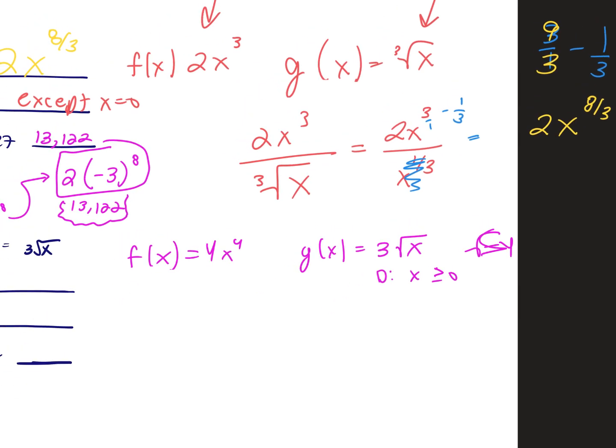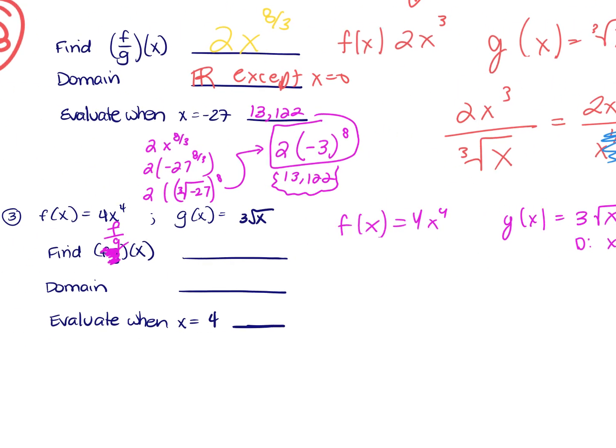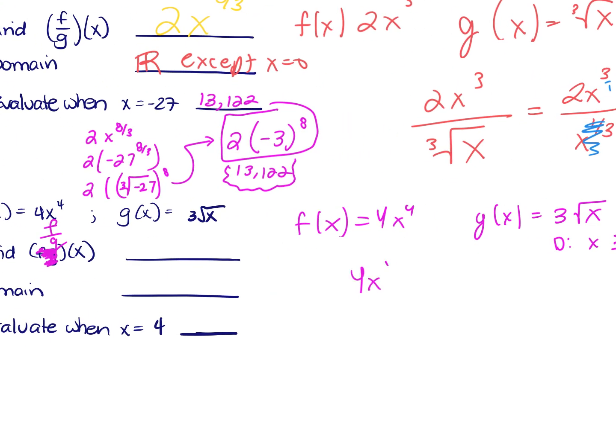Now let's think about that. We know there's a domain restriction. What are they asking us to do here? To divide. So I have 4x to the 4th over 3 times the square root of x. Does my domain change? A little bit. What happens if I plug in 0?